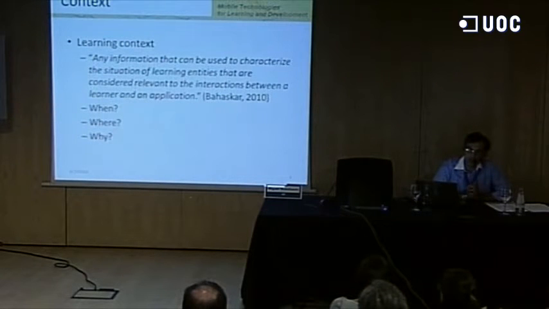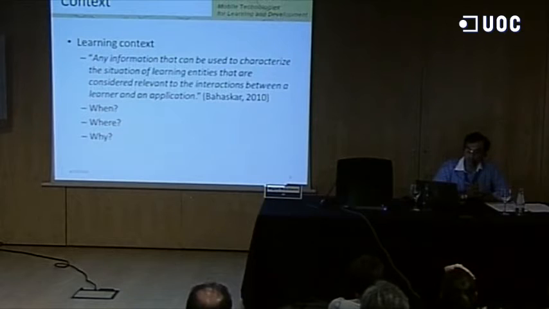The best definition that I have found is that it is any information that can be used to characterize the situation of entities that are considered relevant to the interaction between a learner and an application. But most important are these three questions: when, where, and why.